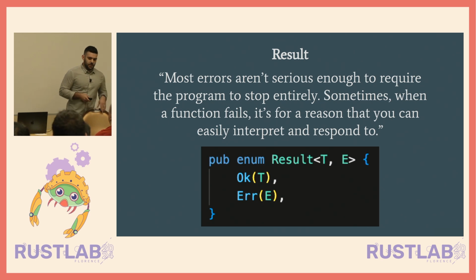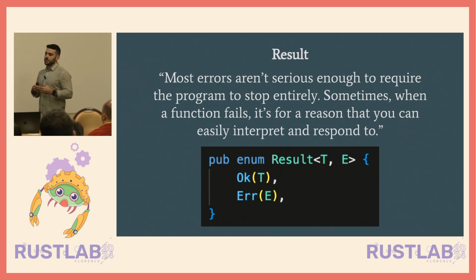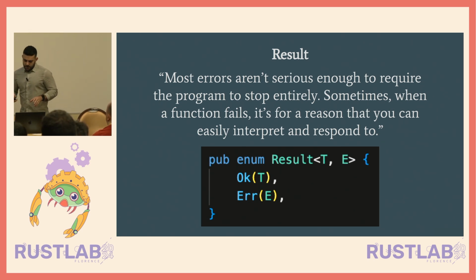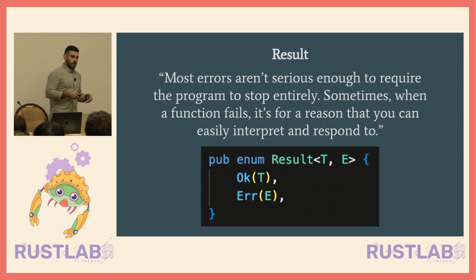Result, on the other hand, is here because most errors aren't critical or serious enough to terminate the process entirely. So sometimes, as I said, for recoverable errors we would like to respond to it. Result is just an enum with two variants. The first one is Ok, the second is Err.